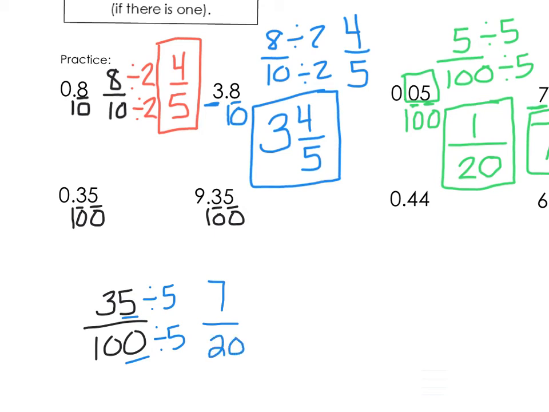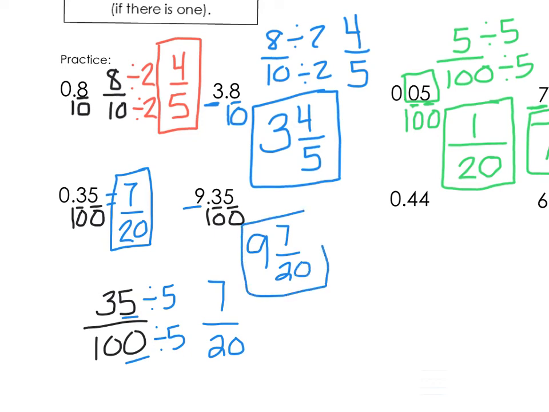So that means if I have no whole number in the front, I can just say my simplified fraction is 7/20. And for this one, yes, we're still going to have the fraction of 7/20, but we need to remember to copy the whole number in the front. So for 9 and 35/100, the fraction form would be 9 and 7/20. Okay?